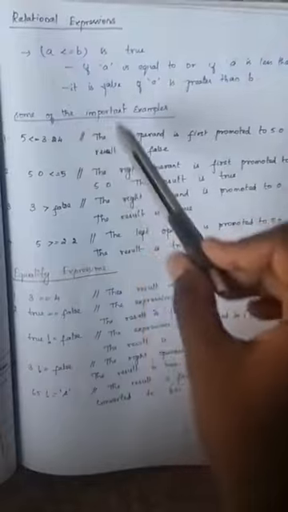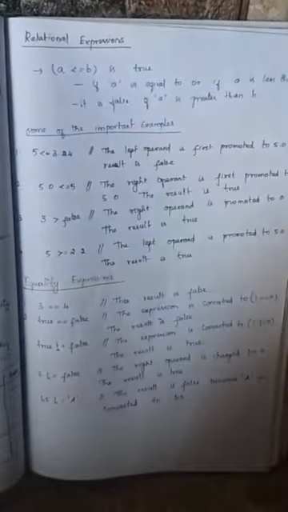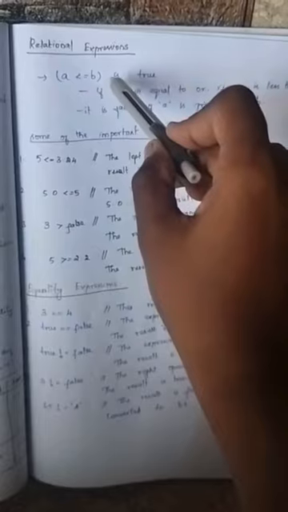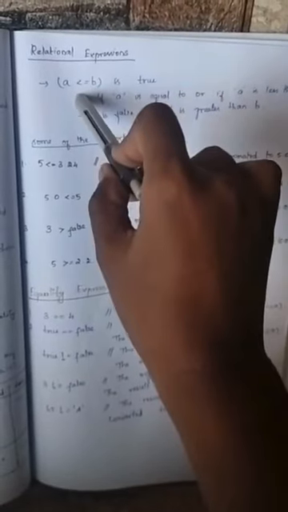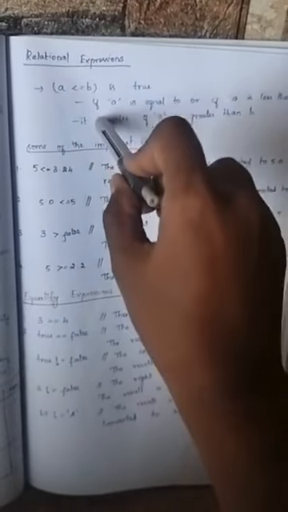Now we'll talk about relational expressions and equality expressions. Let's see the example of one relational expression, A less than or equal to B. This condition can follow two outcomes: either it is true or it is false.